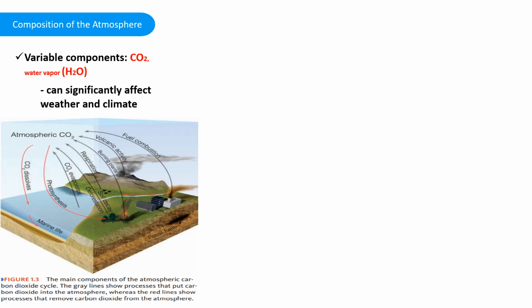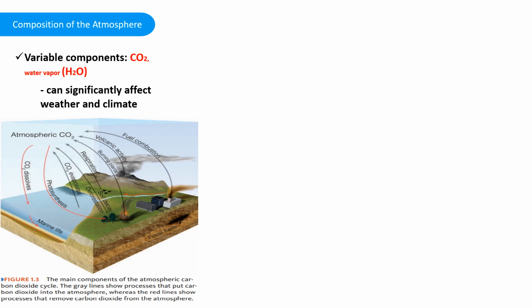These all go to the atmosphere. These are the gray lines that show the processes that put carbon dioxide into the atmosphere. And the red lines, such as photosynthesis, and when carbon dioxide dissolves towards the marine life, towards the ocean, show the processes that remove carbon dioxide from the atmosphere, the balance that the input and the output have to make.